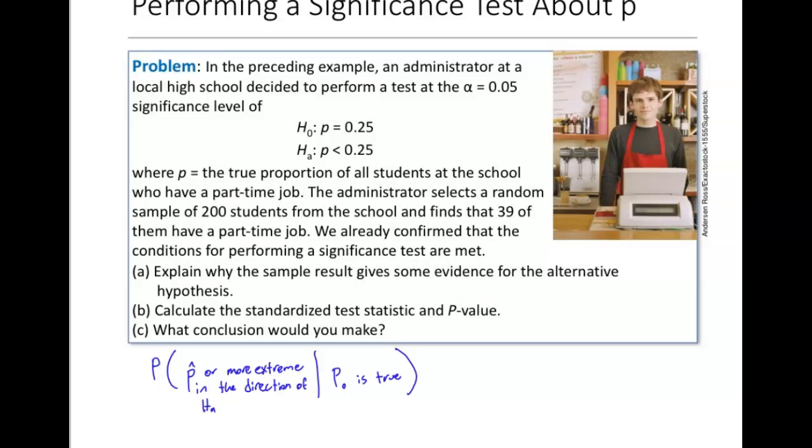All right, so this is the exact same problem we just did. Part A says explain why the sample result gives some evidence for the alternative hypothesis. So the result that this administrator got was that 39 out of 200 students had a job. If you do 39 divided by 200, that gives you 0.195. Why does that give evidence of the alternative?